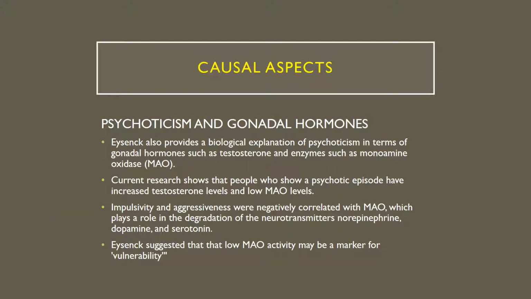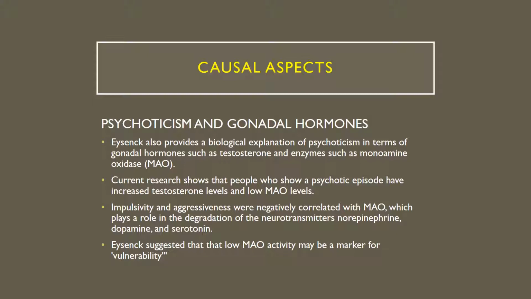Eysenck also provides a biological explanation of psychoticism in terms of gonadal hormones such as testosterone and enzymes such as monoamine oxidase, MAO. Although there has not been a lot of research done on psychoticism in comparison with extroversion and neuroticism, the current research shows that people who show a psychotic episode have increased testosterone levels and low MAO levels.